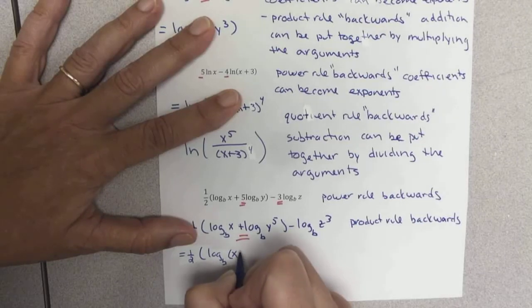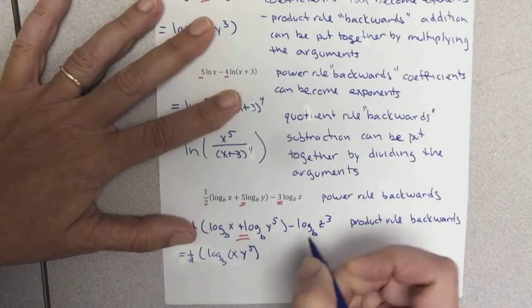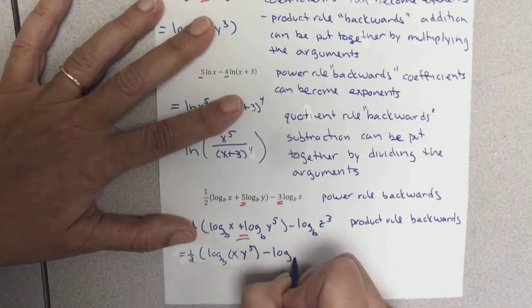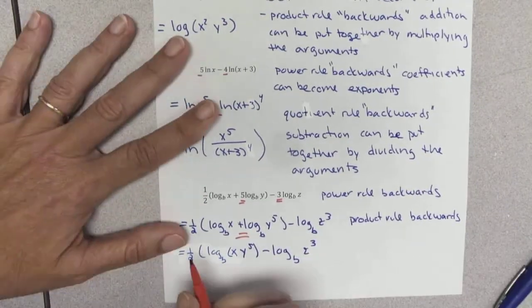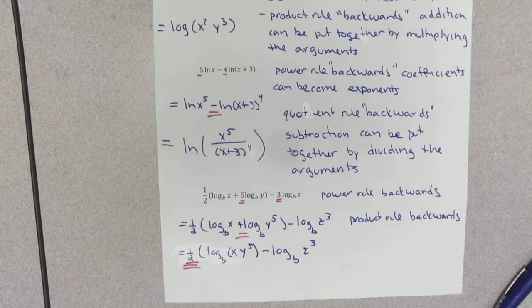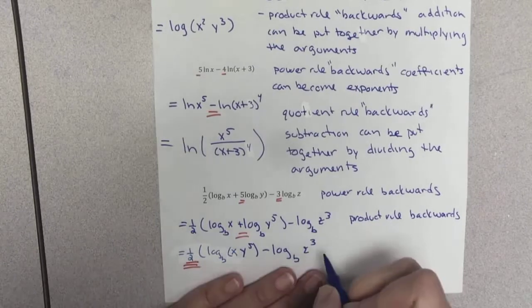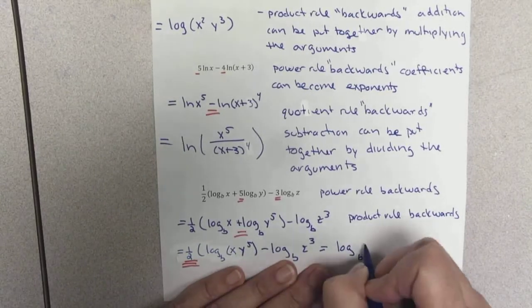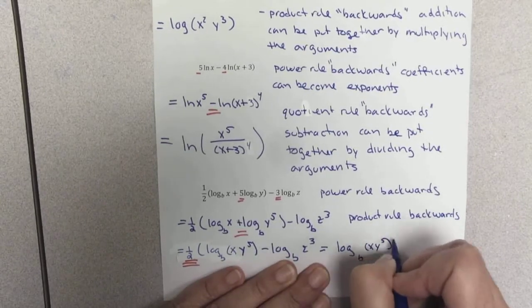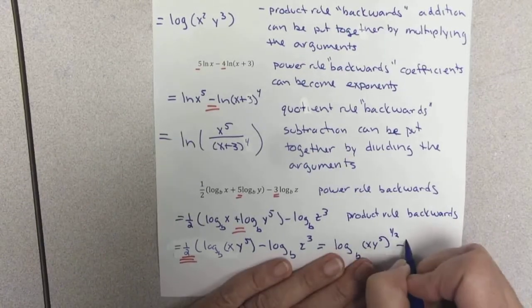We can put things together by multiplying the arguments. Then let's do that guy. So another power rule backwards, and that 1/2 can go up and become an exponent.